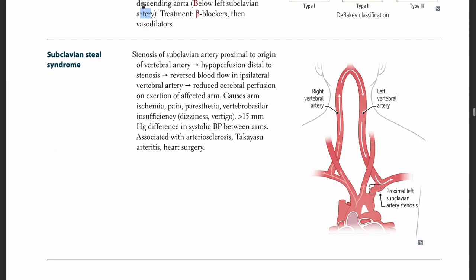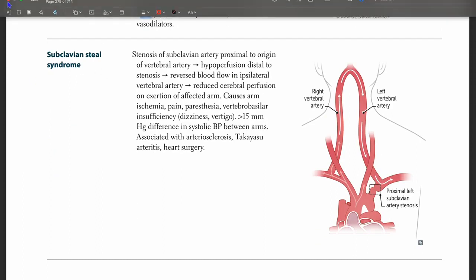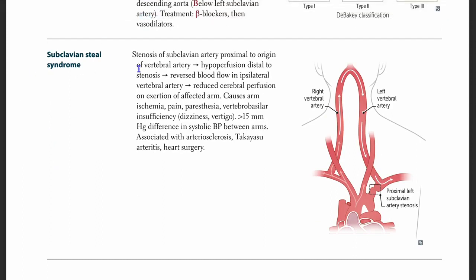Okay. Subclavian steal syndrome. This is also an important topic. Stenosis of subclavian artery proximal to origin of vertebral artery, hypoperfusion. Okay, so this is right vertebral artery right here. This is the left vertebral artery. We'll do this near circle of Willis.